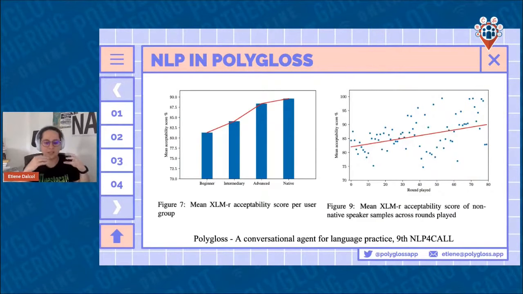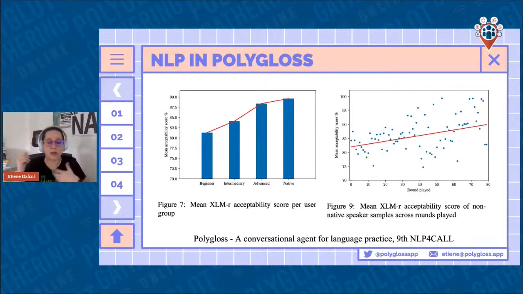Which it does. If you want to read more about this, I wrote a paper after my master's called Polyglots, a Conversational Agent for Language Practice. But to sum it up, what I did was this. I used the language models to investigate learner language. And as you can see, there is a huge difference between the average score of people who identify as beginners in a language and people who are natives.